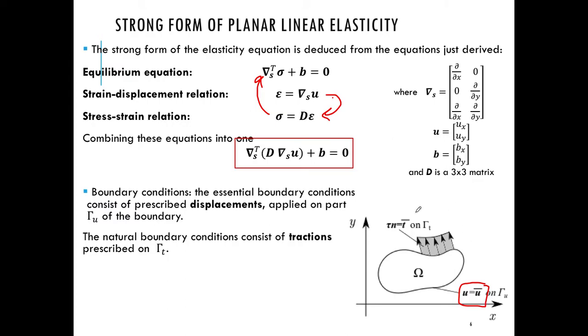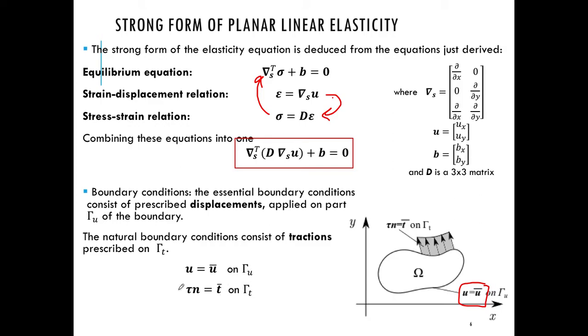So our natural boundary conditions are tractions, and they, we say, are being applied on the part of the surface or part of our boundary which is represented by gamma t for traction. Right, so we have our essential boundary condition on gamma u and our natural boundary condition on gamma t.